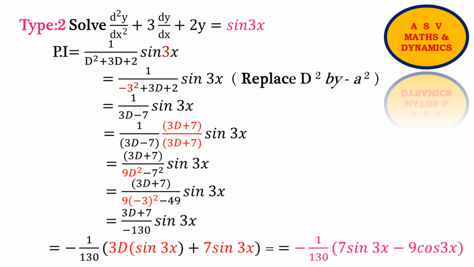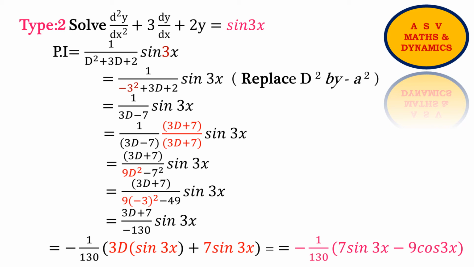So here 3 into 3 is 9 and d into d is d squared. So 9d squared minus 49. Now d squared is available, you can substitute the 3 instead of d squared, and the answer is 9 into minus 9, minus 81, minus 49, same sign, so you add, 130.